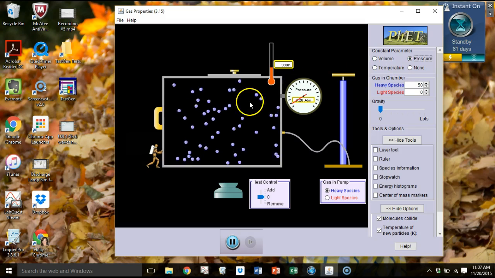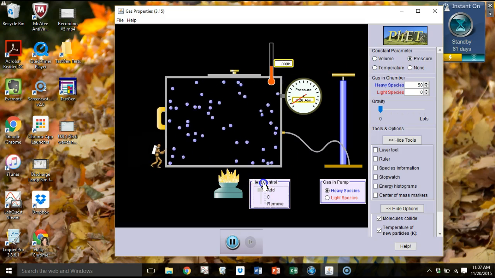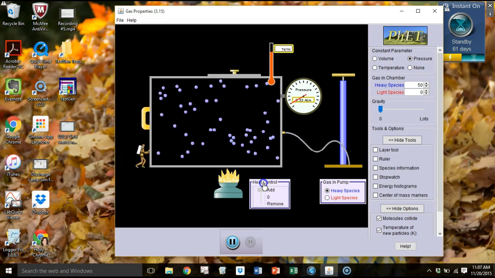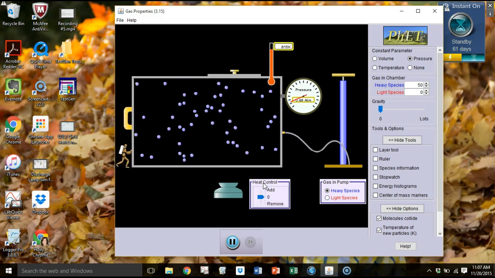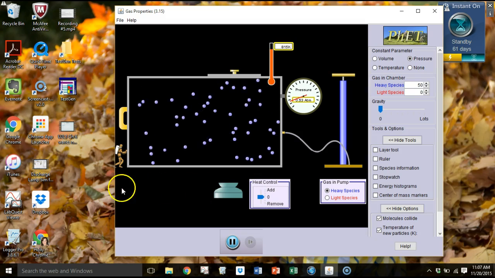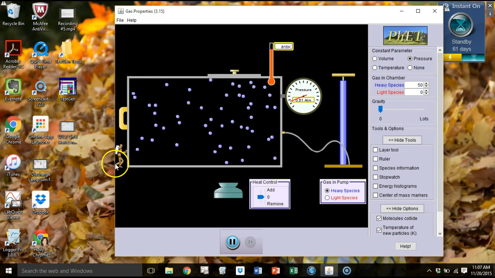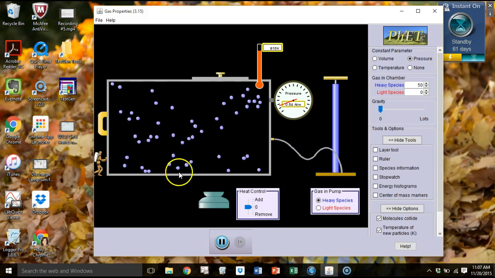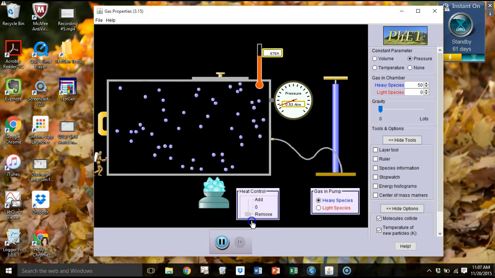Okay, so now we can start looking at Charles' law, so our observation. So we are going to heat it up. Notice what happens to the volume. There are, of course, limits to how far this little guy's allowed to walk, so that didn't help at all. Alright, and cool it down.